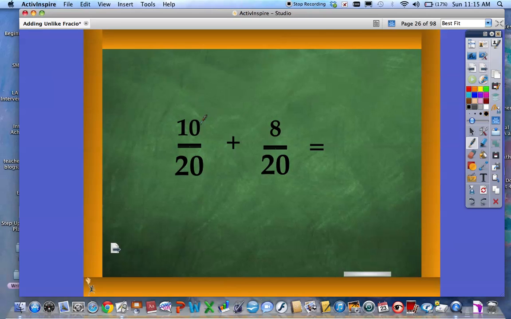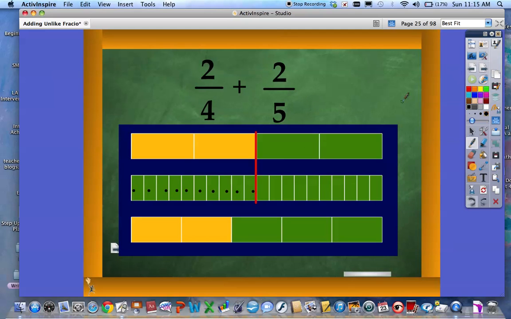Okay, so now we take 10 20ths, and we add our 8 20ths. Our denominators are now the same, so we can just add the numerators. And 10 20ths plus 8 20ths will give us 18 20ths. So let's go back to that fraction model.